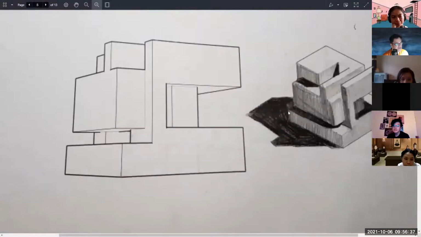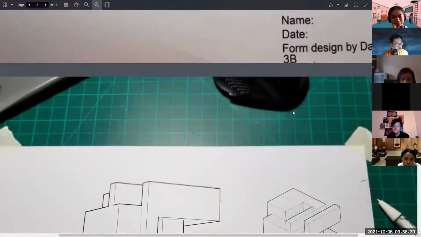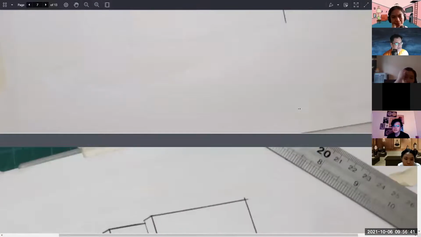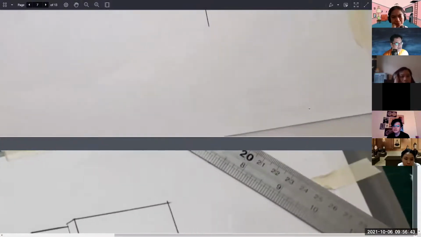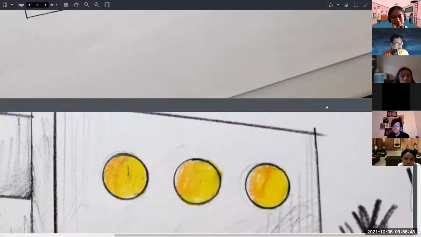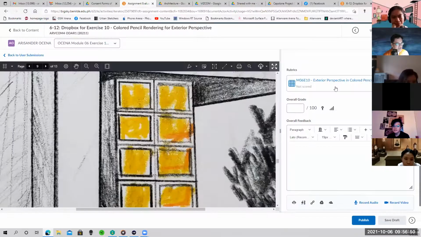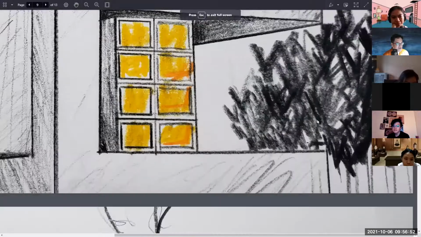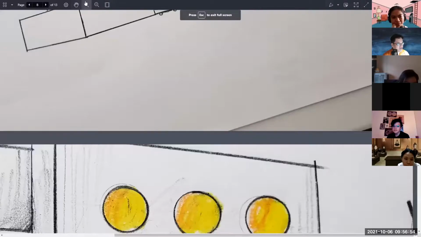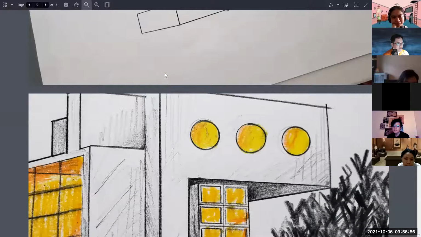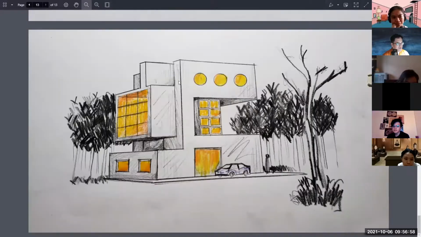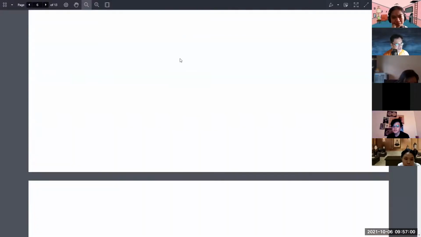Okay, if we are to take a look. Ano kasi, nasa angle. I can't quite see it if you're photographing it at an angle.